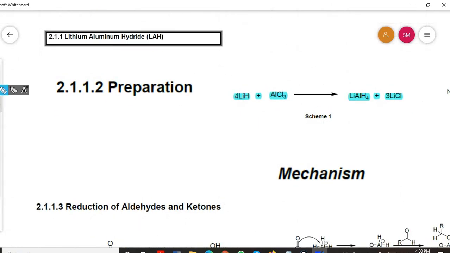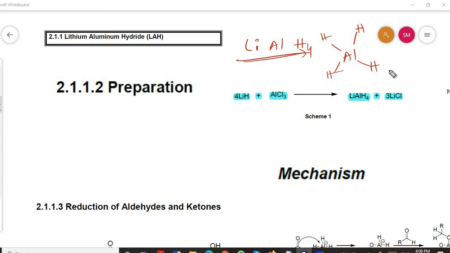What is meant by lithium aluminum hydride? In its structure, aluminum is the central atom, and it is bonded with four hydrides, H minus. Why H minus? Because hydrogen is more electronegative than aluminum. As aluminum is in the third group, its valency is 3 and its covalency is also 3.